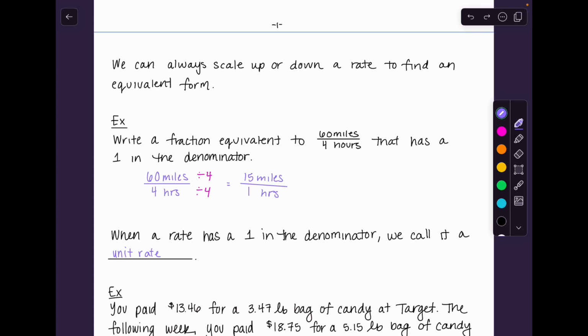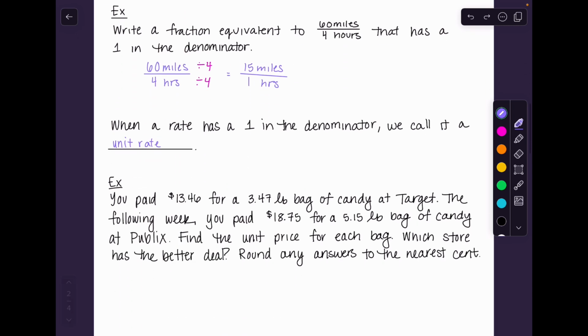If you're buying garbage bags, it tells you the price per garbage bag. Those are all unit rates because it's telling you how much it is for one of those items. And the reason that's beneficial is because you can find the better bargain as a result. So you can figure out which ketchup bottle is going to cost you the least per ounce.